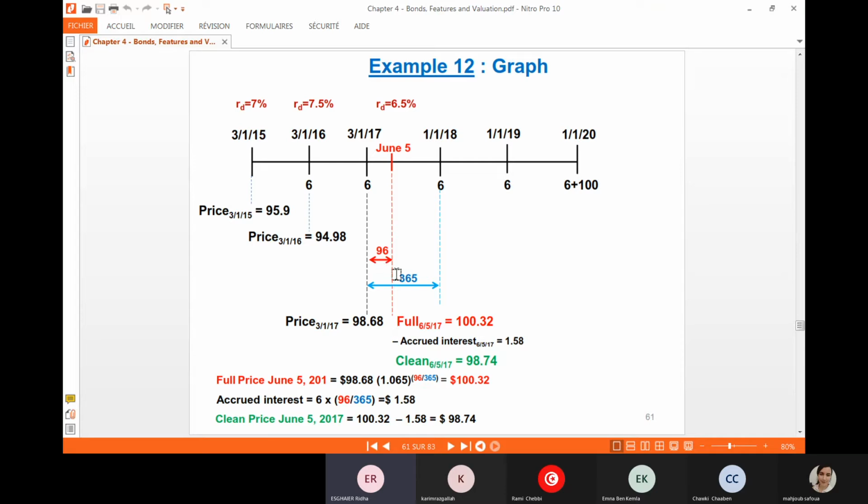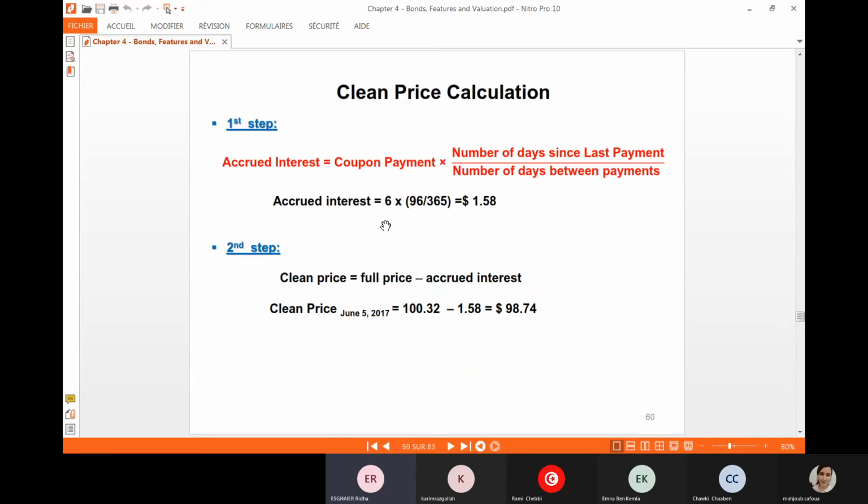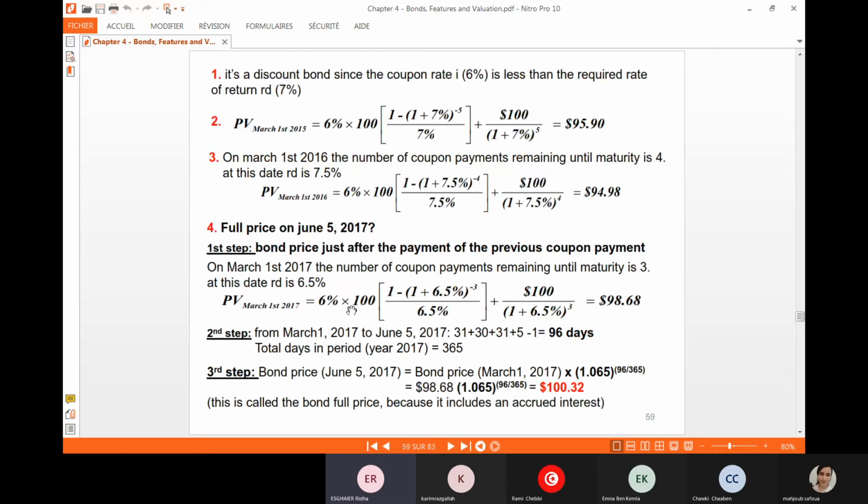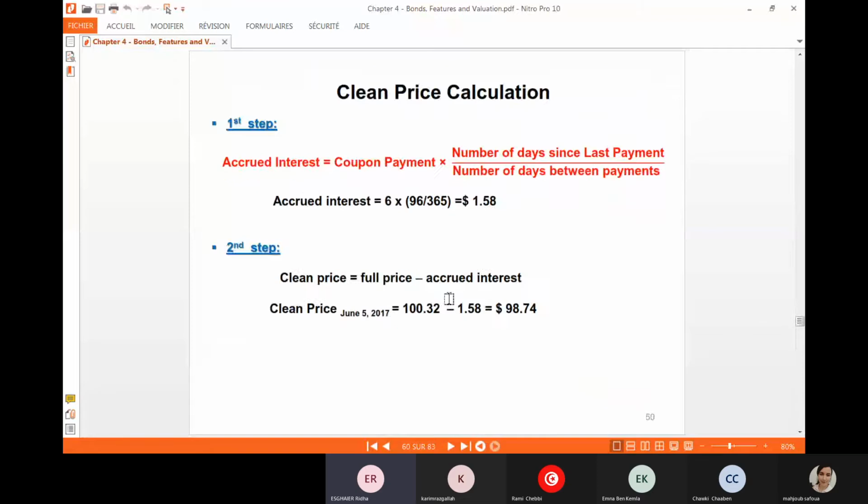So the first step, as I said, is to compute the value of the bond on March 1st, 2017. On March 1st, 2017, the value of the bond is the number of coupons to be received, which is now 3 coupons only, from 2017 to 2020.